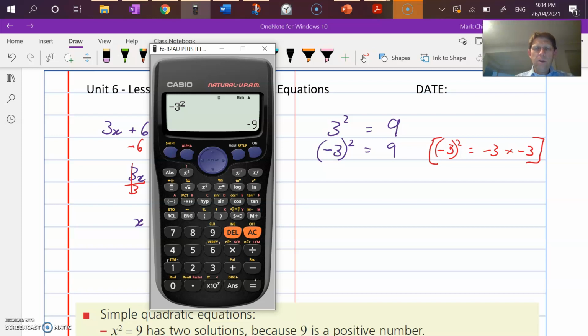So just be aware that this way of doing things is not very good. Whenever you're squaring a negative number, you should always put it in brackets. And that way you get the actual correct answer, because minus 3 times minus 3 is 9. I'm going to come back to that idea in a second, but I want you to understand that there's two numbers I can square to get 9, either 3 or minus 3.